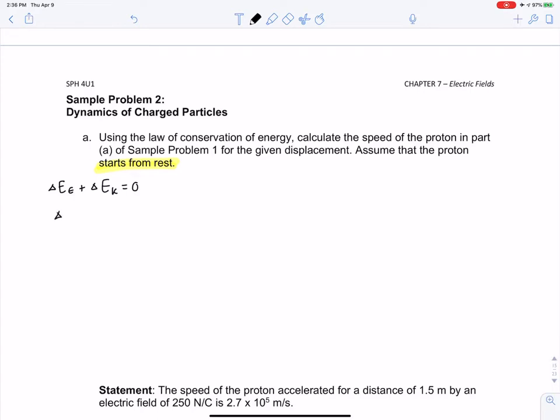So we know that the change in gravitational potential energy plus 1/2 mv squared equals 0. We can rearrange this to solve for v. Speed is equal to the square root of 2 times the change in gravitational potential energy divided by mass.